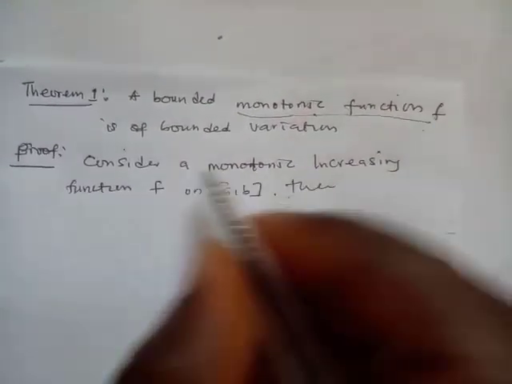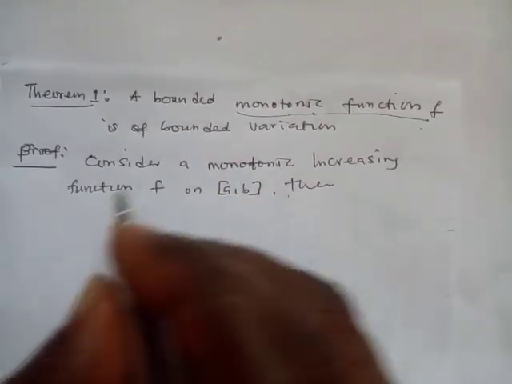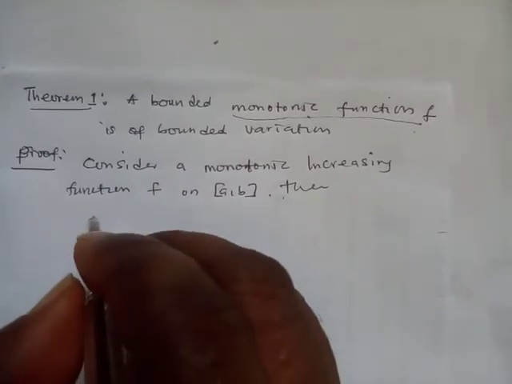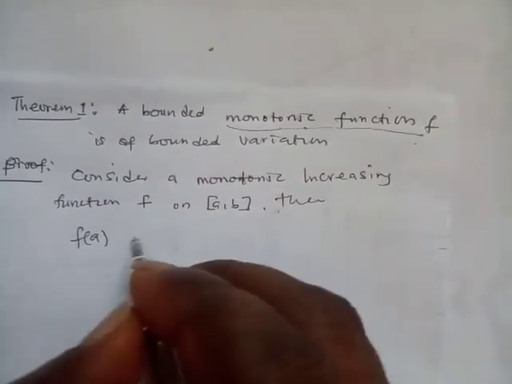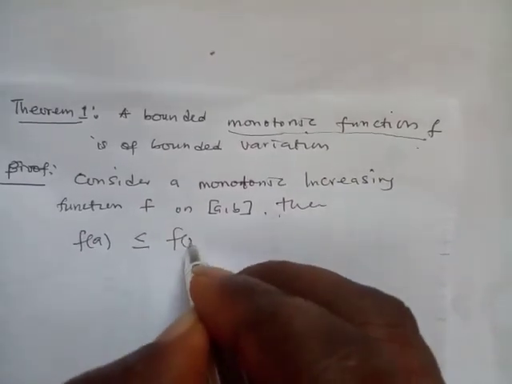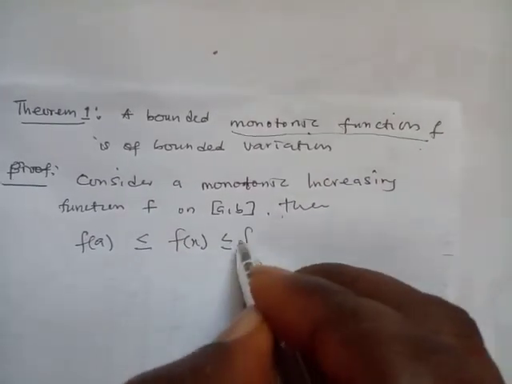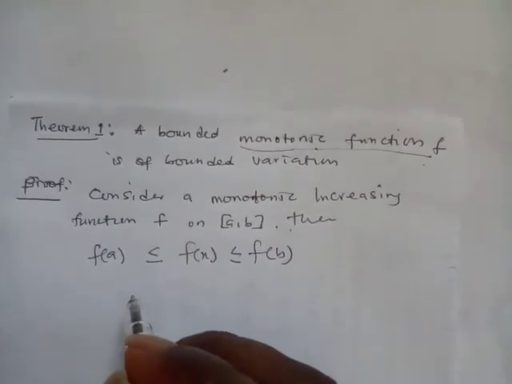So since f is monotonic increasing, then by definition we know that f of a, this first one, will be less than f of x, will be less than f of b.